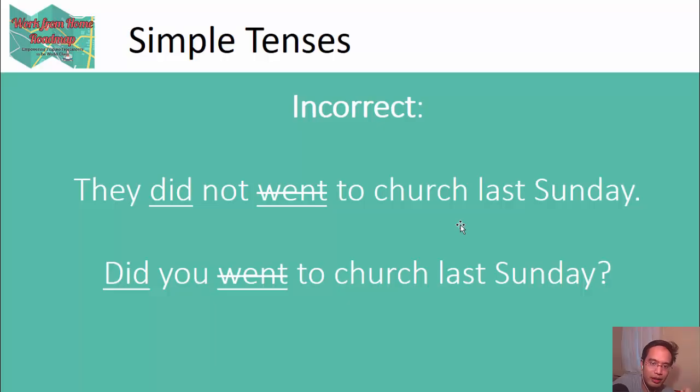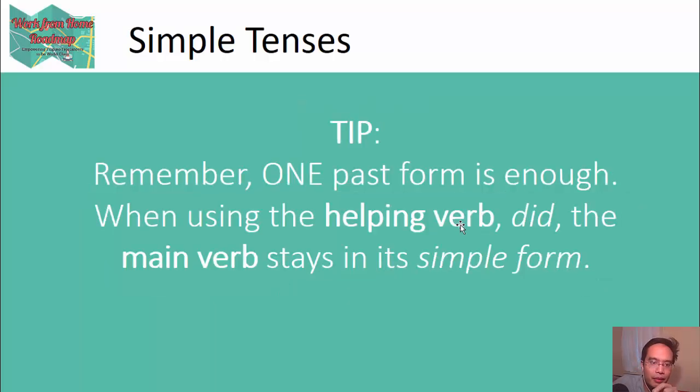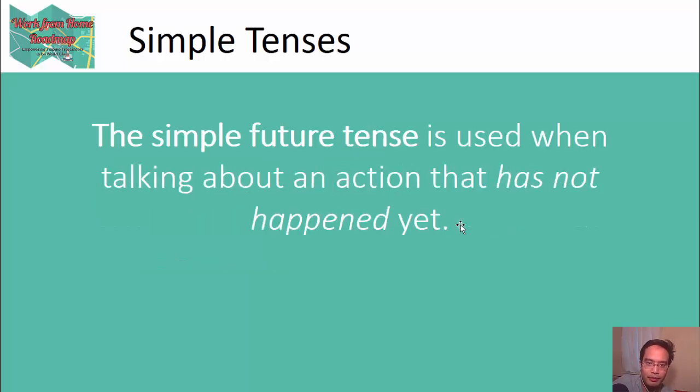It should be, they did not go to church last Sunday. Did you went to church last Sunday is wrong because did is already in past tense, so you don't need to use the past tense of go. The correct answer is, did you go to church last Sunday? Another tip. One past form is enough. When using the helping verb did, the main verb stays in its simple form.